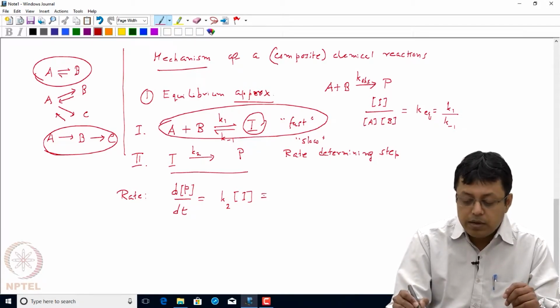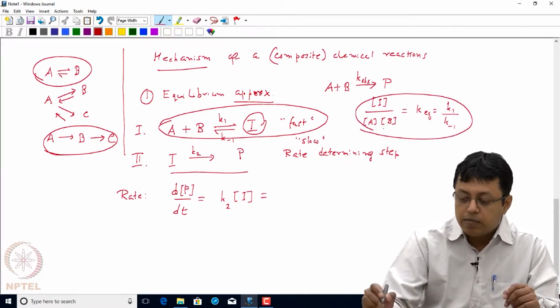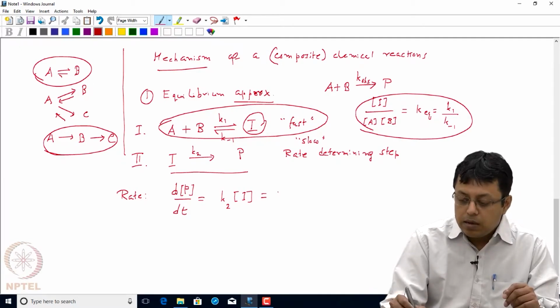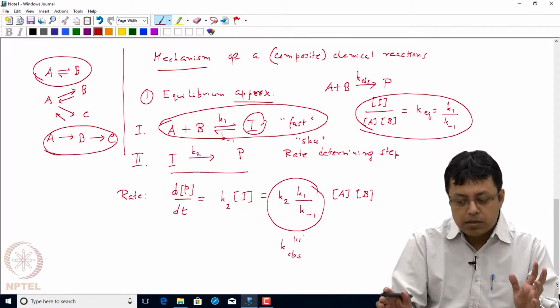So it is K2 times the intermediate concentration, and then the intermediate concentration I can easily get from the equilibrium, which will be nothing but K2 times K1 by K minus 1 into A into B. Now you see that the observed rate law is nothing but a combination of K2, K1 and K minus 1.